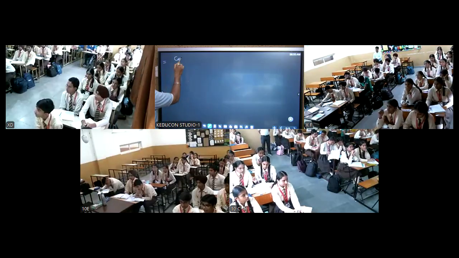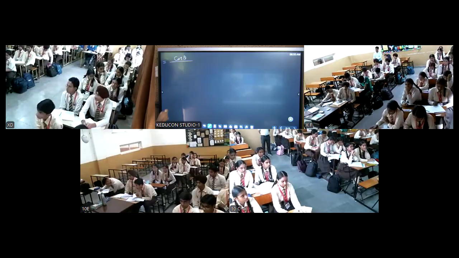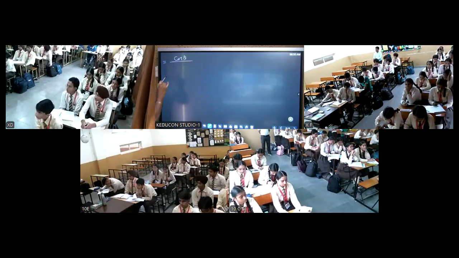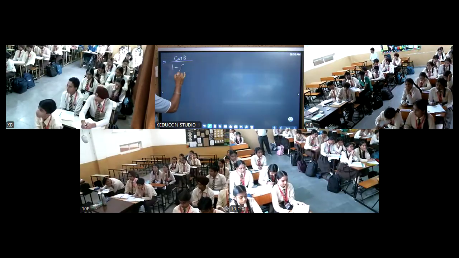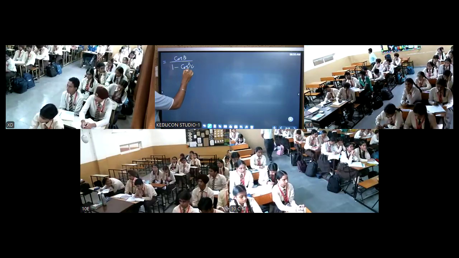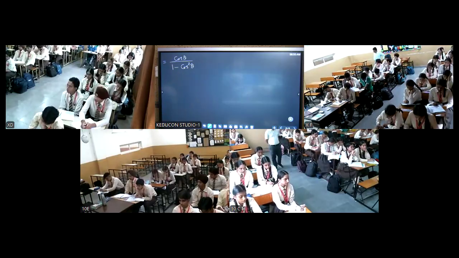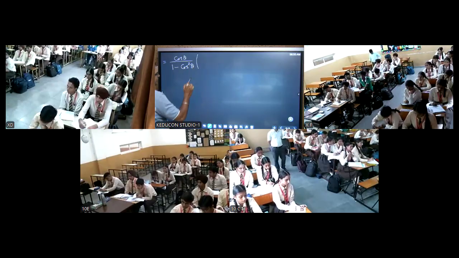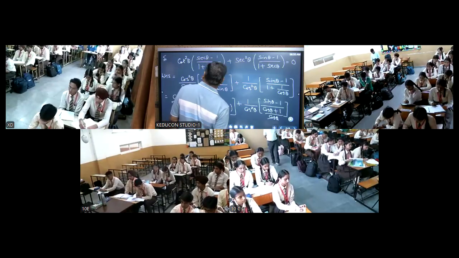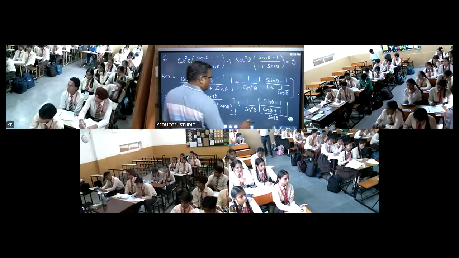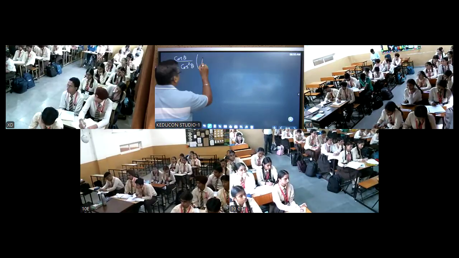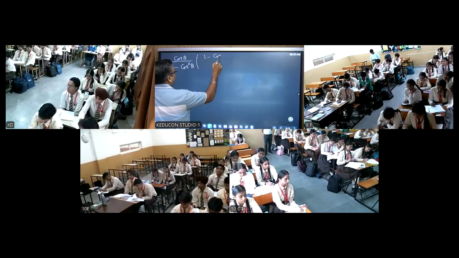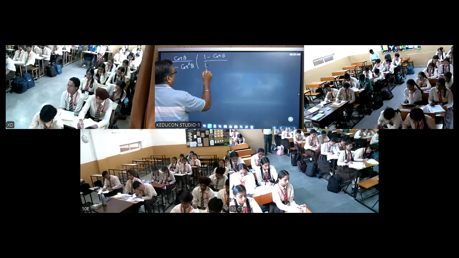This will remain as cos theta, and for the sin square theta below, we will apply the trigonometric identity, that is sin square theta is 1 minus cos square theta. And what was here? 1 minus cos theta over 1 plus sin theta.